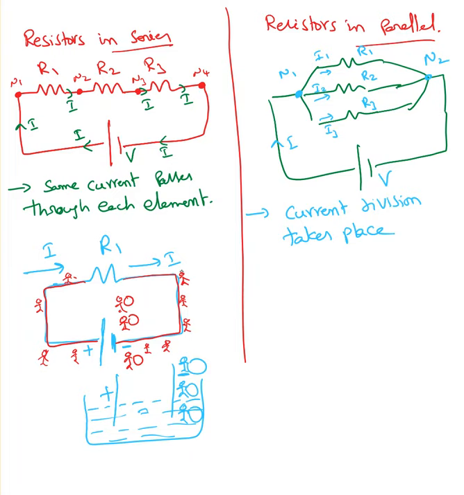These electrons in the wire don't have energy, but whenever I close the circuit, the electrons from the negative plate push these electrons in this direction, from the negative plate to the positive plate. Whenever they are passing through this R1, the energy the electrons have automatically gets transferred to these individual electrons.